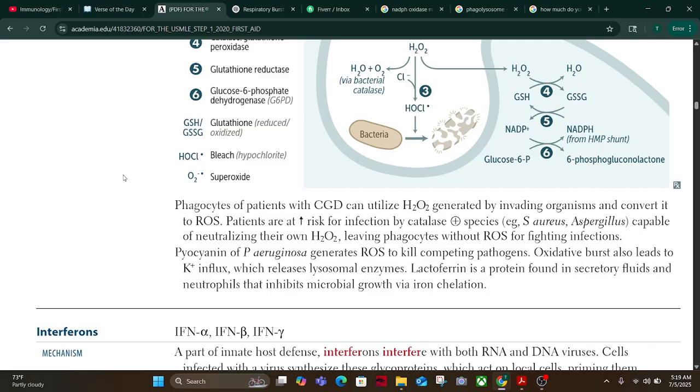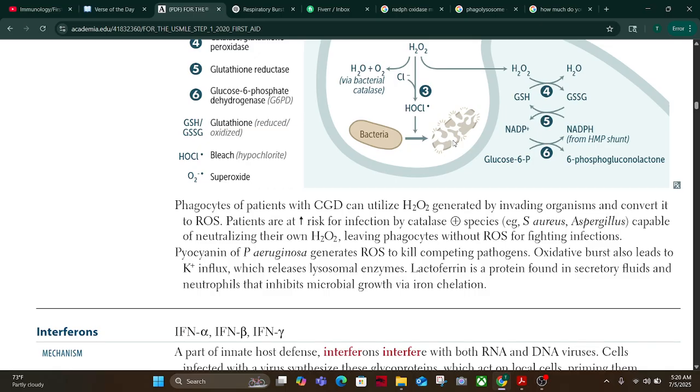This respiratory burst is how the body kills off bacteria by phagocytosis, and then using bleach in the very end to actually destroy the bacteria. See this right here. We're going to start step by step.